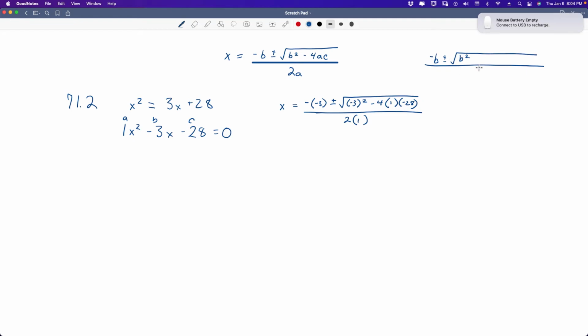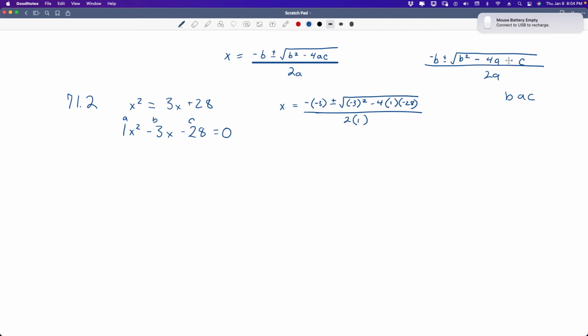B, A, C. I remember the word back. If you don't get this right, it's back to the drawing board. But if you can remember the word back, then you can get these in the right order.